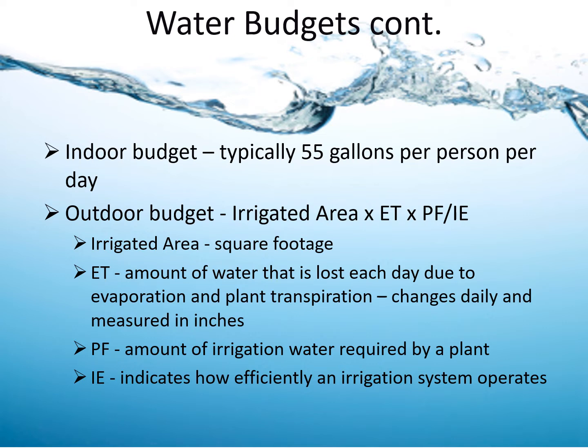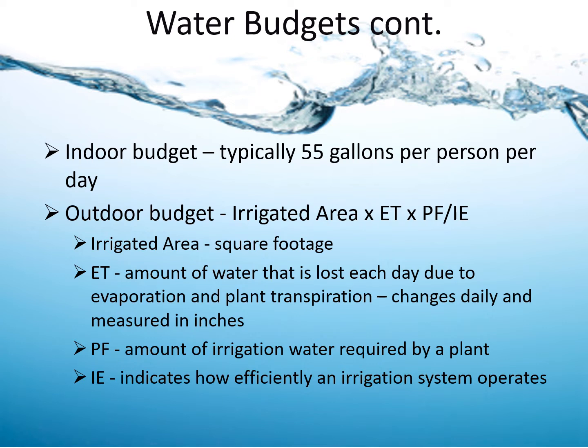So 55 gallons per person per day is very doable. Where we have the more difficult understanding area is the outdoor budget. And the outdoor budget is set this way: irrigated area times ET, which is evapotranspiration, times plant factor, which we're going to talk about, all divided by irrigation efficiency.